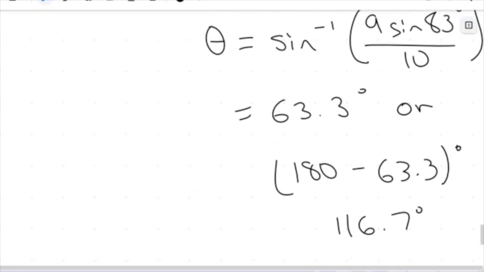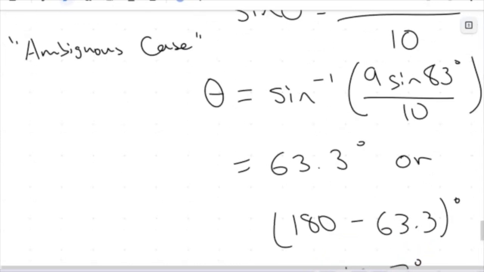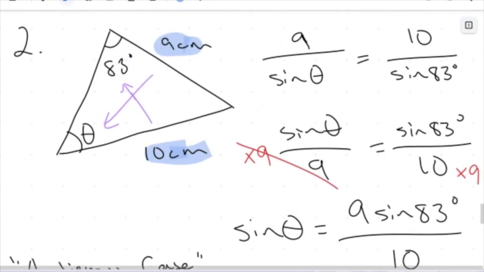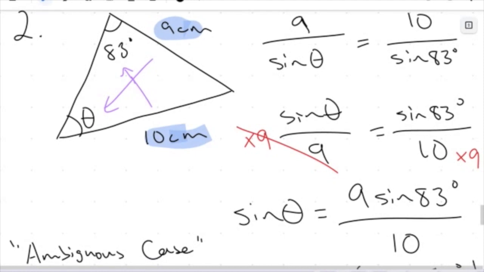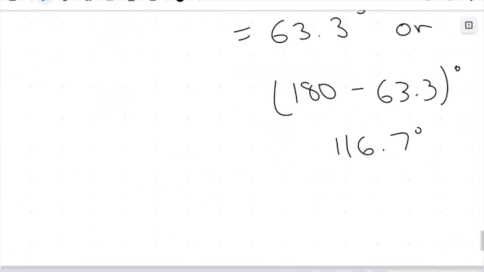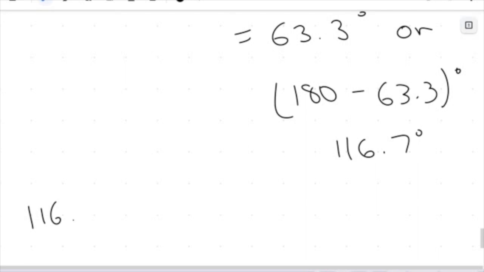Now, remember, this depends on context, so let's look at our triangle again. The 63.3, this acute one, is always going to be a possible solution. The obtuse one may sometimes be, or it may not be, and that depends on the other angles we're given. Now, if this angle is 83 degrees, and theta was an obtuse angle, then let's add these: 116.7 degrees plus 83 degrees.